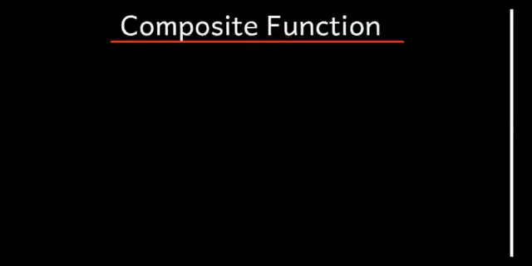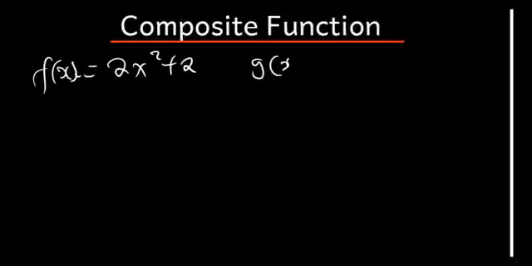Okay, so let's talk about composite functions. Under composite functions, you're going to be given more than one function. For example, let's say we have our function f of x equal to 2x squared plus 2, and then we also have g of x equal to x minus 1.